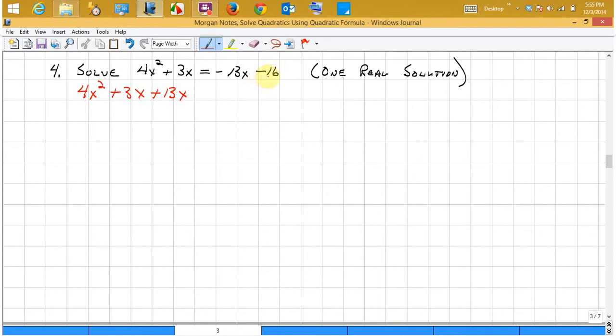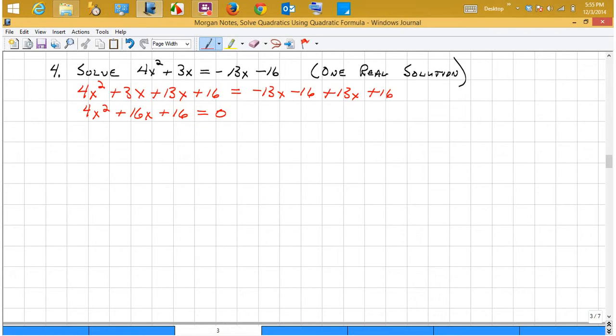And I'm going to add 16 to both sides. And of course this side will be 0, and simplifying the left hand side I would have 4x squared plus 16x plus 16 is equal to 0.